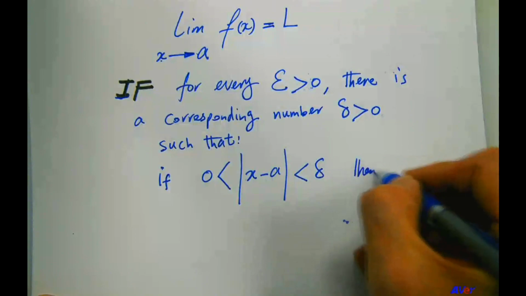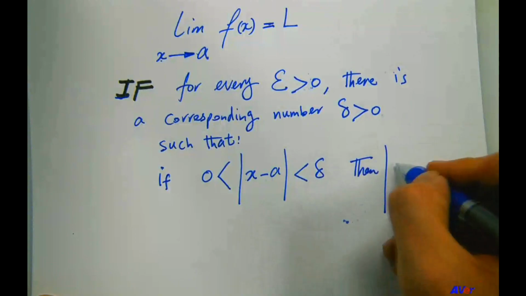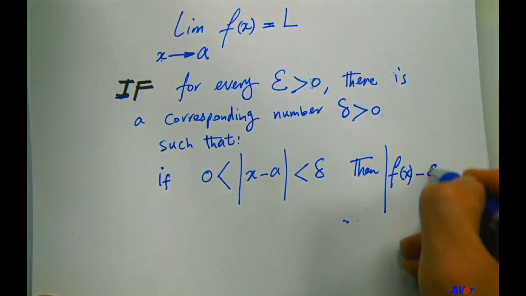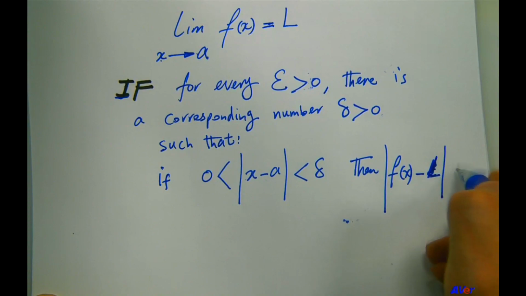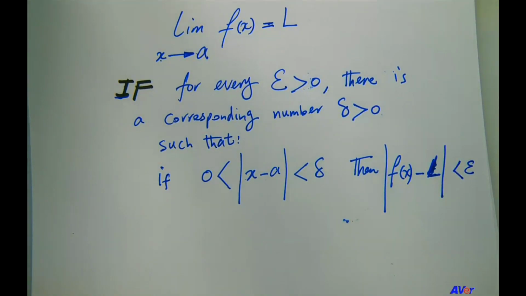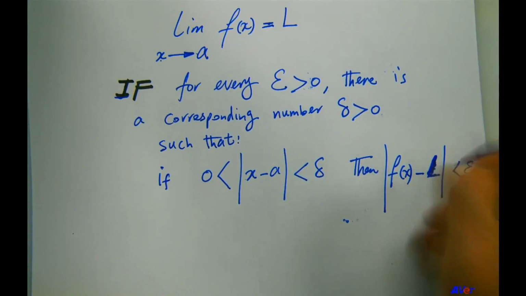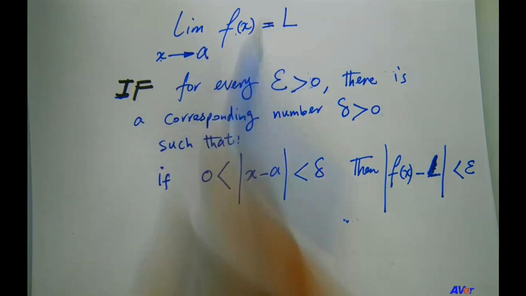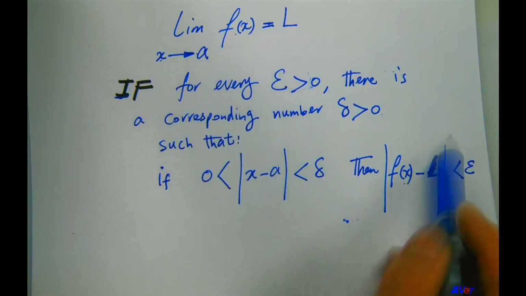Then the absolute value of the difference between the function and L is less than epsilon. And that's L. And f of x equals L. f of x minus L, absolute value.